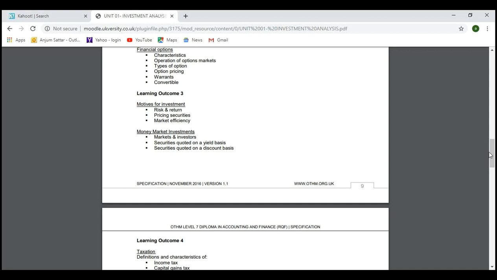Brilliant. Risk is a probability of something happening. It can be positive or negative. Higher the beta, higher the risk factor, higher the return. Normally in business, for the risk factor we use the word beta: higher the risk factor, higher the return.